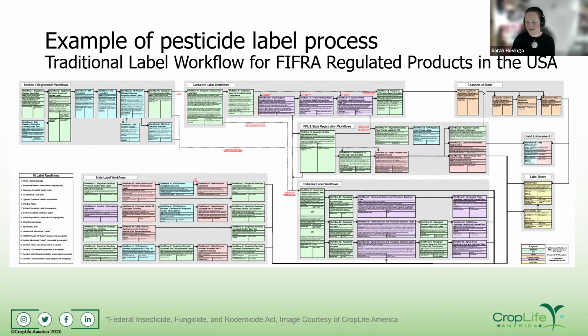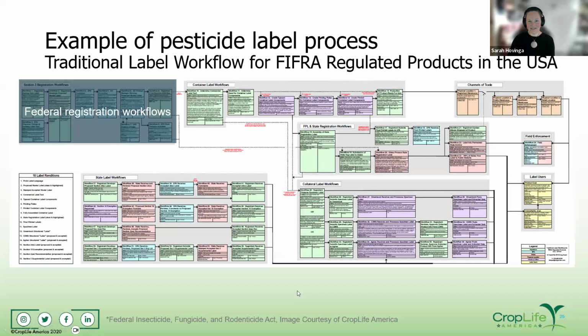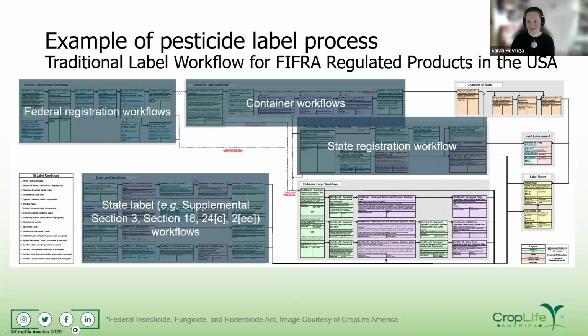And this one comes from CropLife America, which is the industry association in the US, and CropLife also has other organizations around the world. Courtesy of CLA. So at least in the US, you have federal registration workflows at the national level, and state registration workflows, the workflows that are actually on the paper label of the container itself.